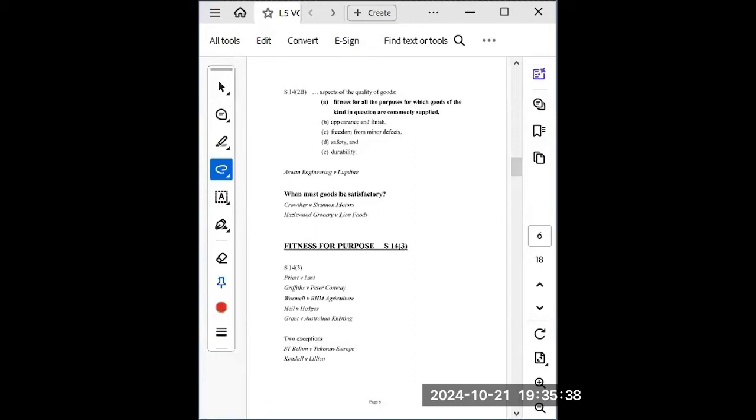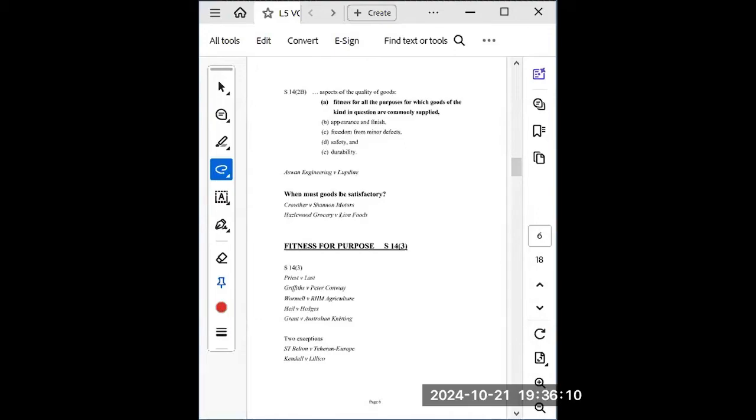Goods are satisfactory depending on description, price, or other relevant circumstances. 14.2(b) merely says, hey, P.S., these are other aspects of quality. Aspects of quality do not form part of the definition of satisfactory quality. Just things you might want to consider, just aspects. That's all we can say until we have case law that says otherwise.